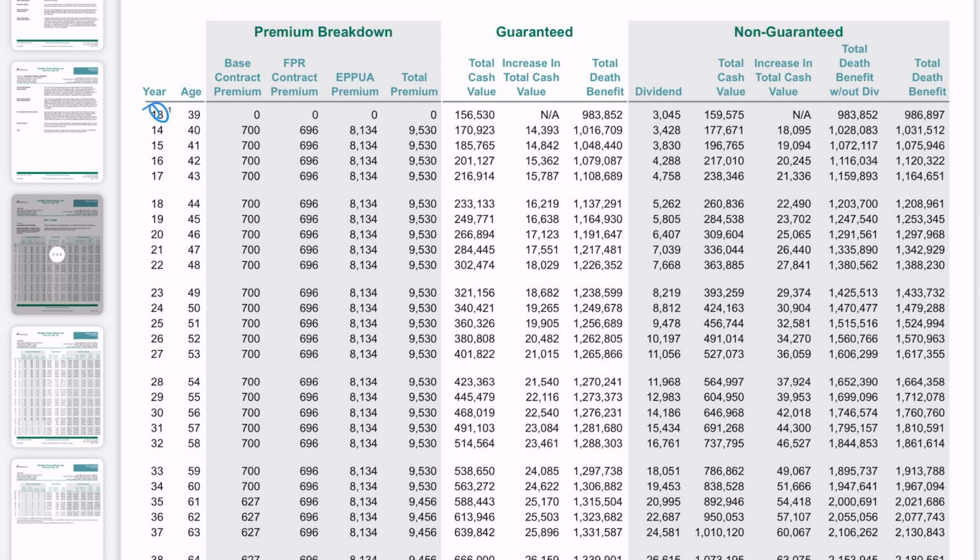It ends up that this particular policyholder didn't pay exactly the same amount that was assumed at inception, ended up paying more money than was originally assumed. But the guaranteed column now shows us $156,530 in guaranteed cash value. That's more than double the original projection of guaranteed cash value.